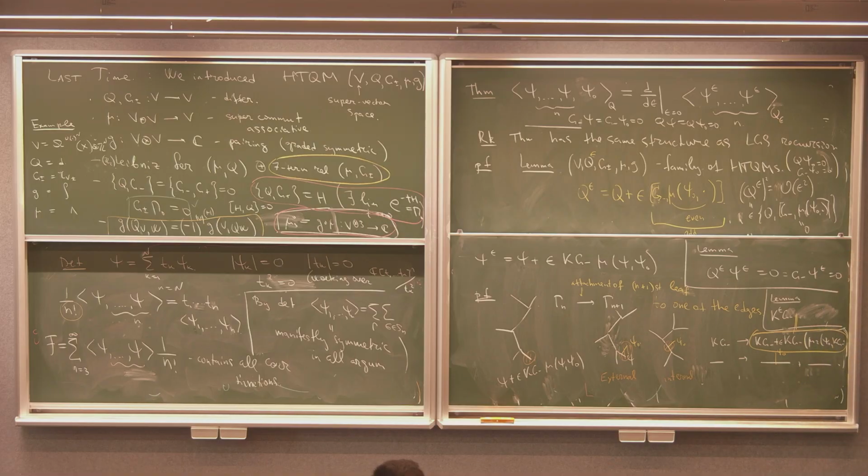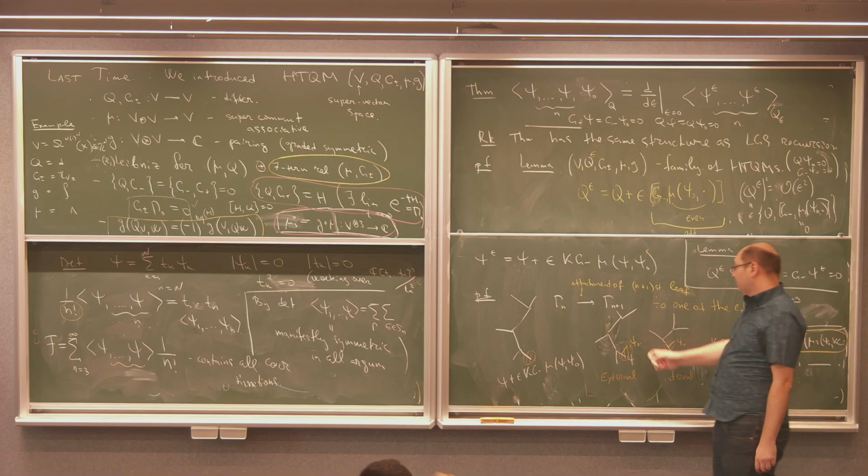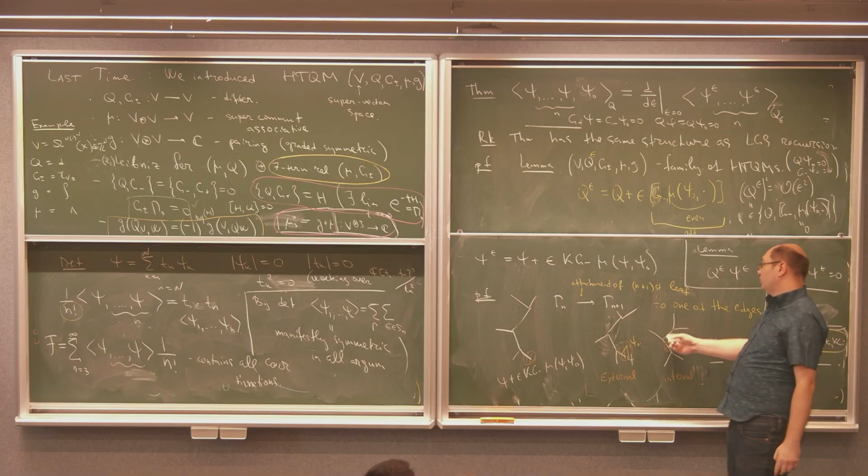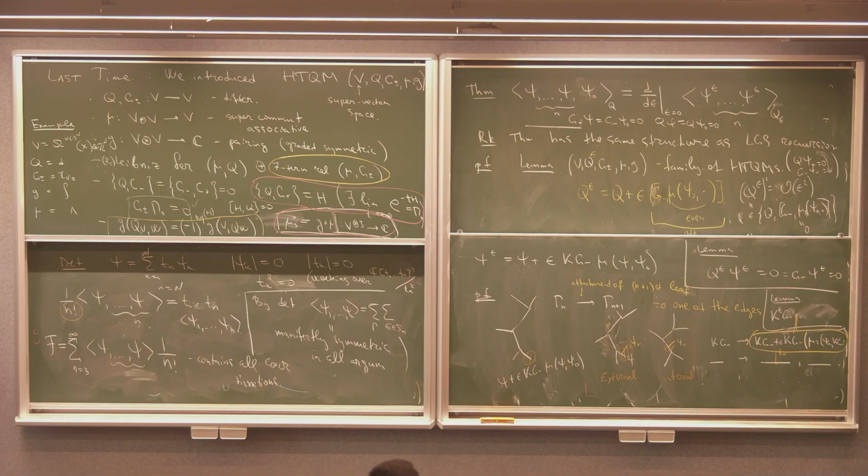And that would precisely correspond to all those situations where we get the n plus first leaf as an attachment to internal edges of a tree with n leaves. So that is a schematic proof of that theorem.